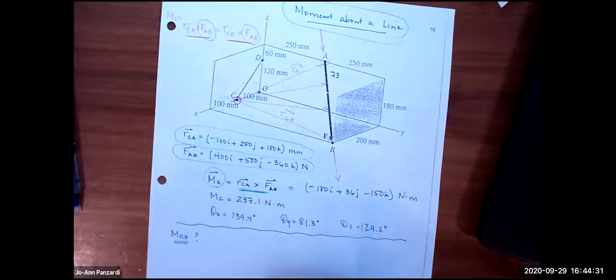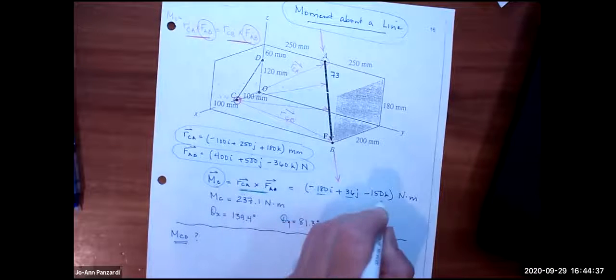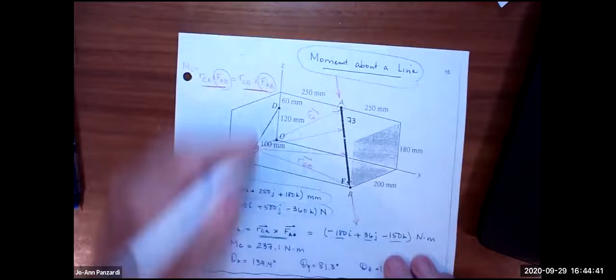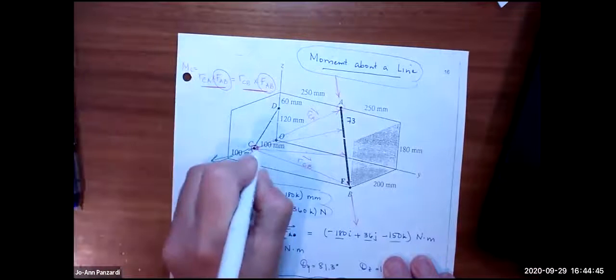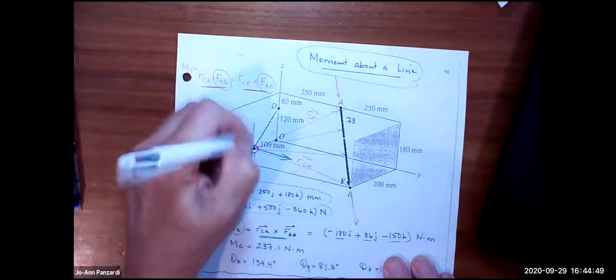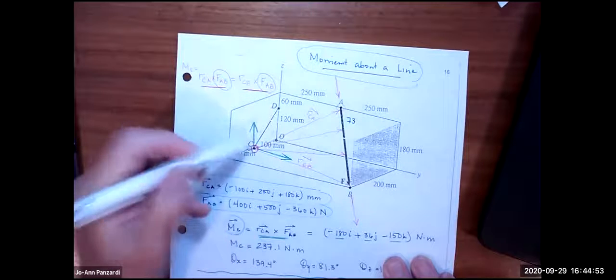Even though we were solving for the moment about a point, didn't we really find moments about a line in a way? We found the moment along the x-axis through C. We found the moment along the y-axis through C, and we found the moment along the z-axis through C.